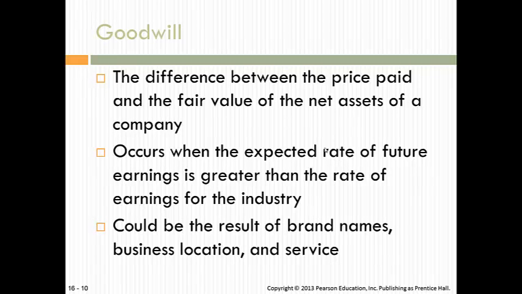Goodwill is an intangible asset that represents the difference between the price paid and the fair market value of the net assets of a company. This occurs when one company buys another company. For example, let's say Company A buys Company B. Company B has net assets of $1 million.